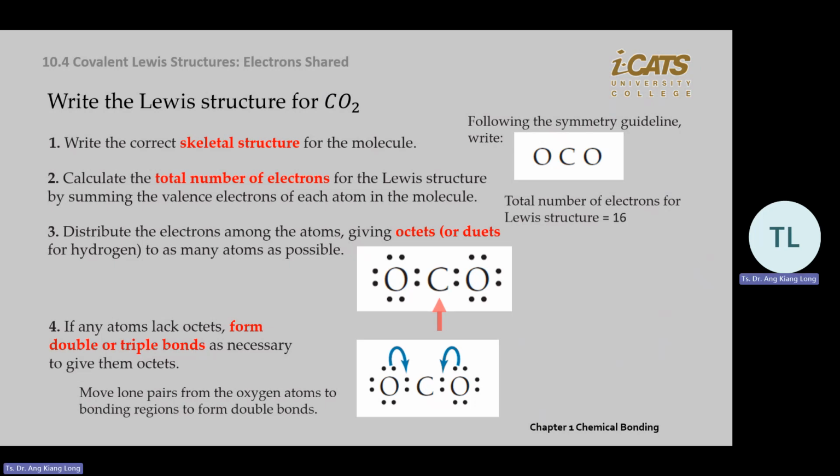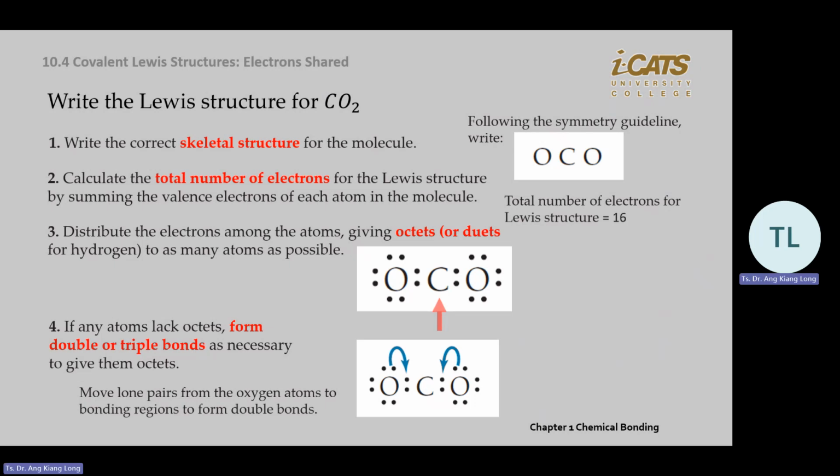If you move one electron from oxygen, it is also not balanced, because if you shift one from left and one from right, carbon only has 6, which does not meet the octet. You need to shift another one to the middle so that it reaches octet.